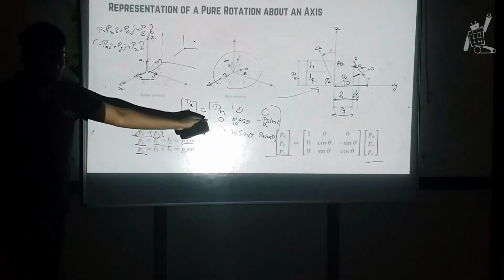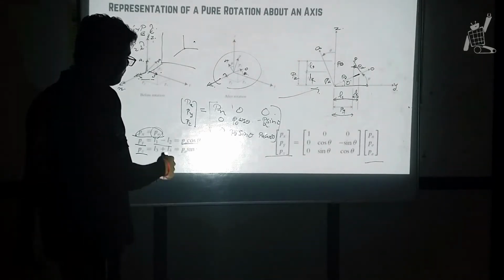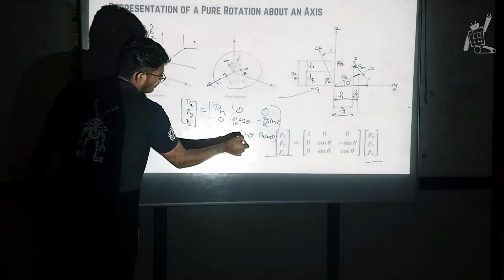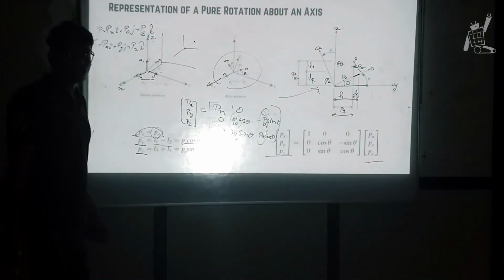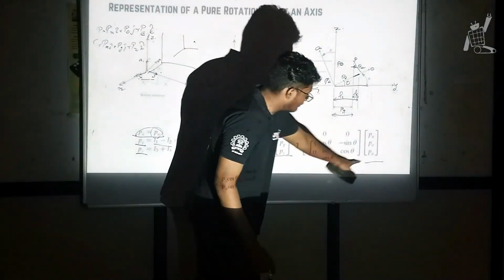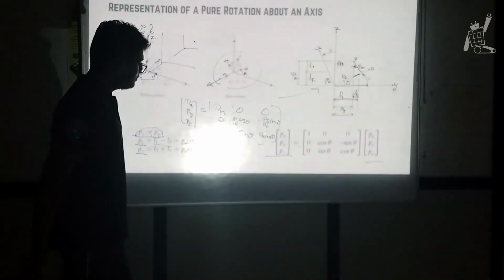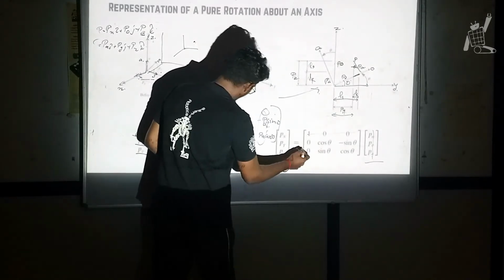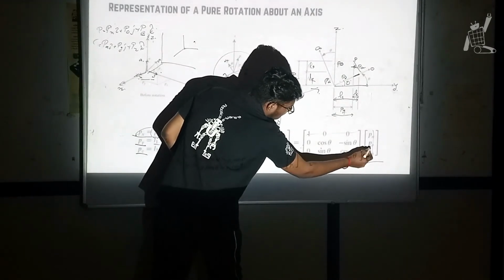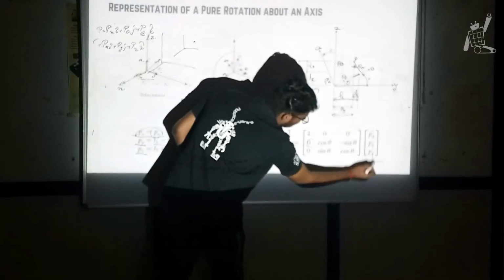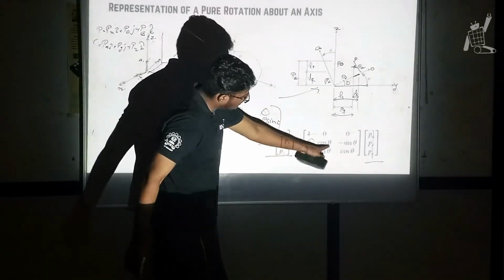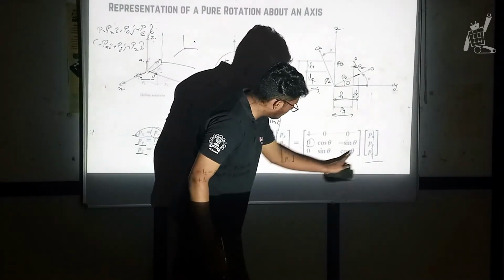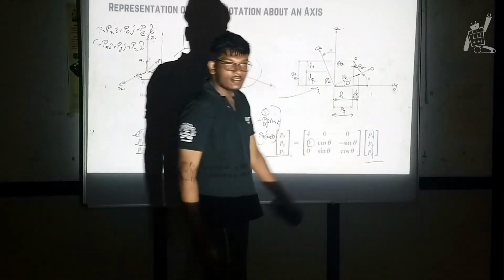So this is the method of representation. To simplify it further, we can take PO common and PA common, and this is the final matrix. You can multiply it: the first row gives Pn, then PO cos theta minus PA sin theta, then PO sin theta plus PA cos theta.